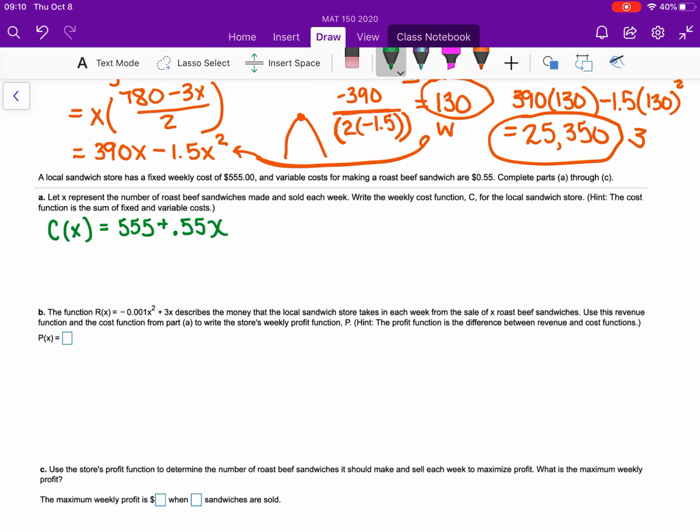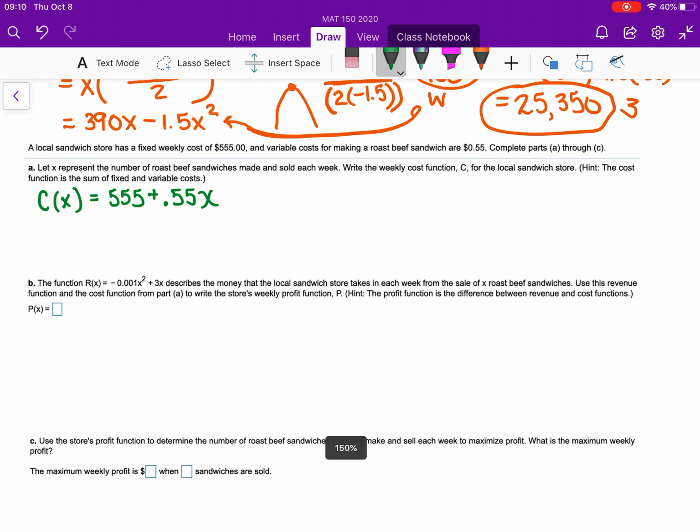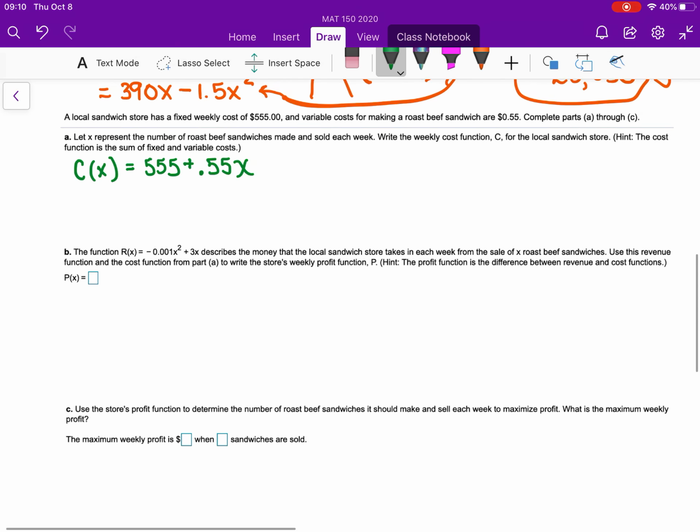So then we want to use that knowledge, and the function R of X equals negative 1,000th X squared plus 3X describes the money that the local sandwich store takes in each week from the sale of X roast beef sandwiches. So if they made 100, it would tell you how much money they brought in. Use this revenue function and the cost function to write the profit function.